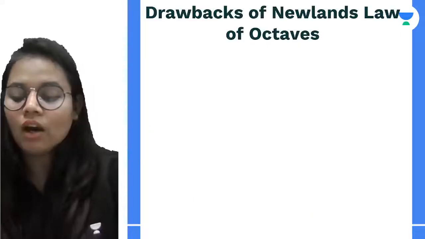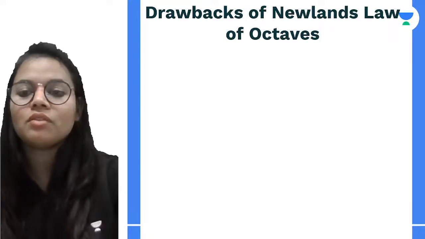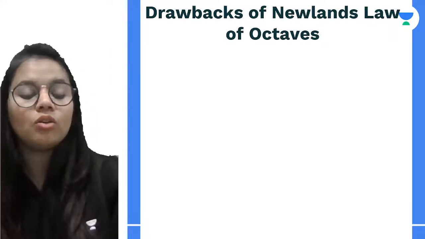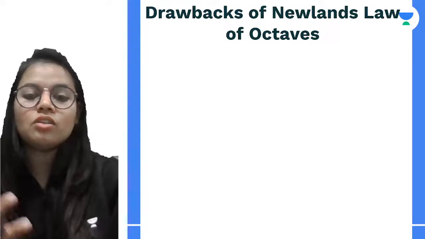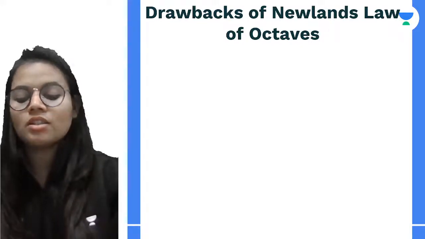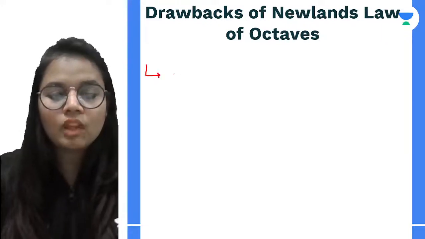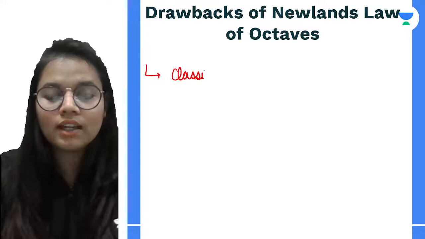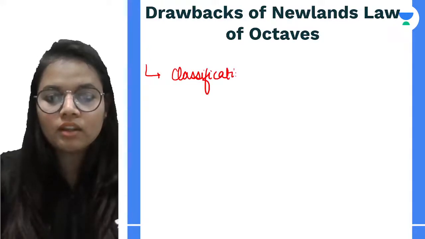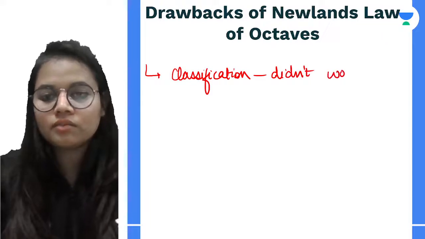Now, if there were good things, there were also some things which were not very good, because of which we needed to discard Newland's law of octaves. Let's see what these reasons were. The very first was that this classification didn't work for heavier elements.